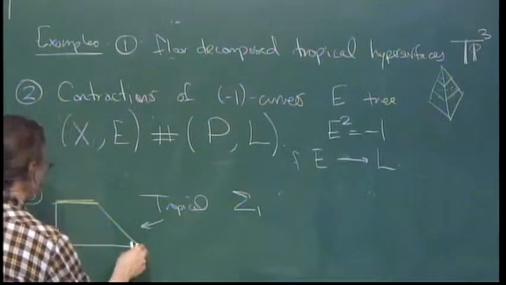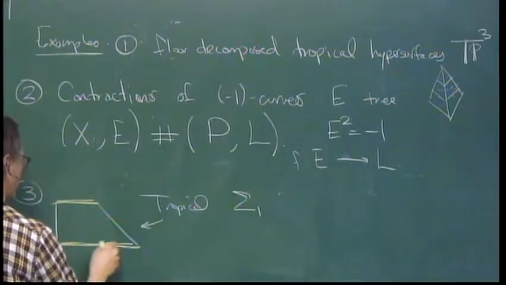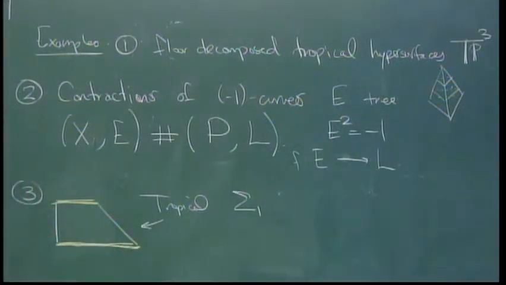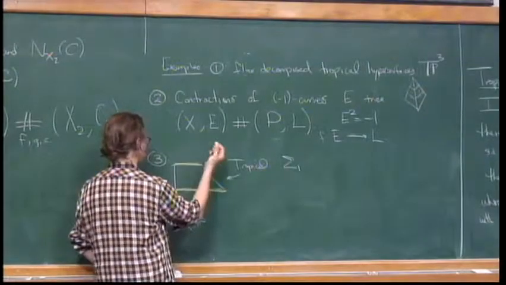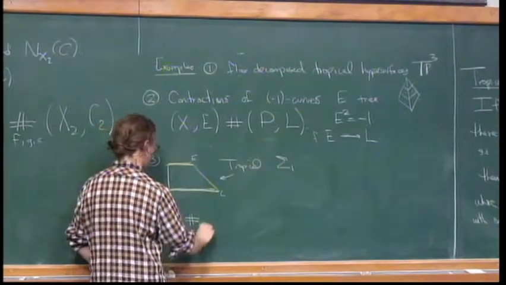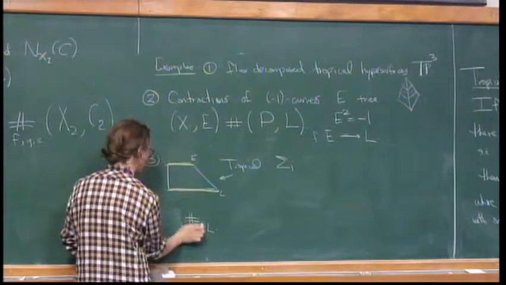And I can take the self-sum of this surface along these two curves. Their normal bundles are opposite. Let's call this E and L.